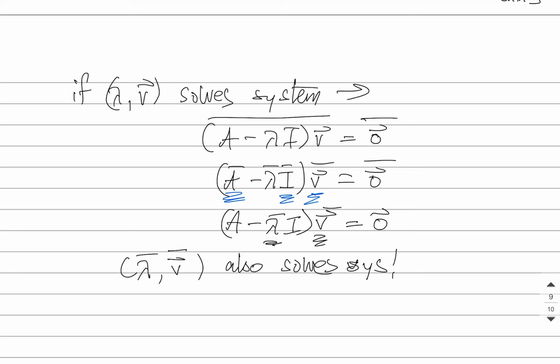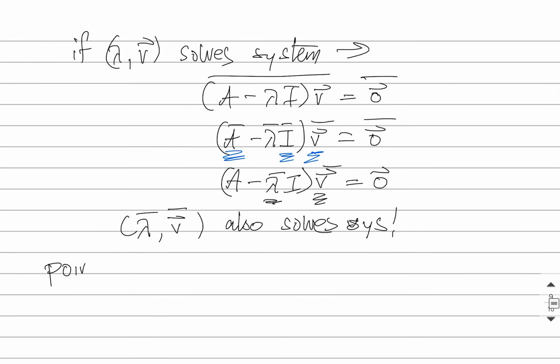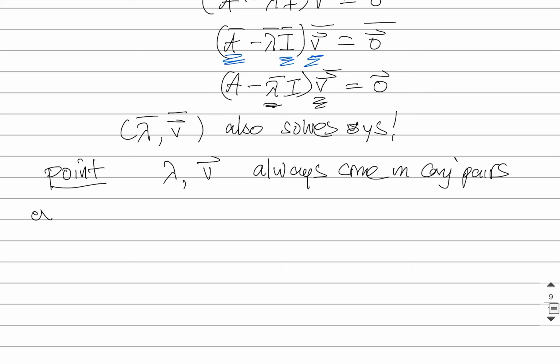So the point of all of this is that the lambdas and the vectors that go along with them always come in conjugate pairs. Now, in our example, we found that lambda was plus or minus 3i, and we found that one of the vectors was negative 3i and 1, the other vector was 3i and 1.